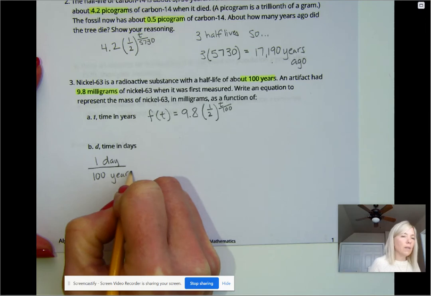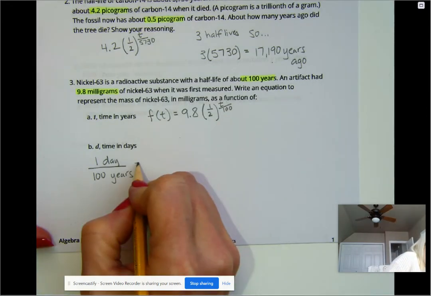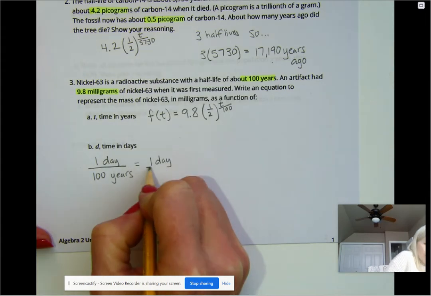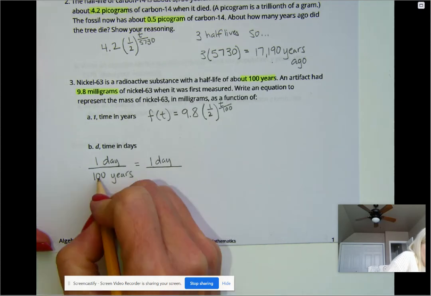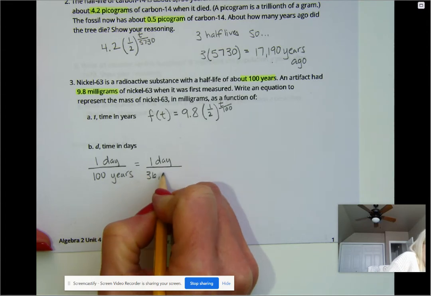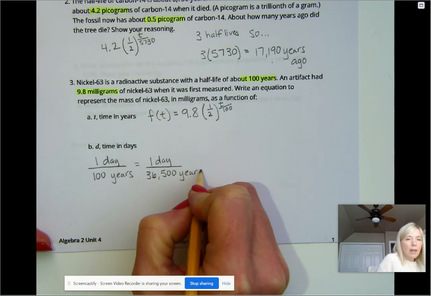Now let's think about that. If there's 365 days in a year, then each day is out of, instead of 100 years, 100 times 365, so 36,500 years.